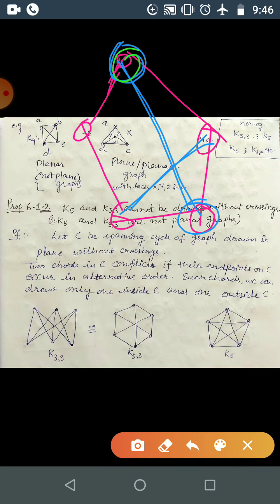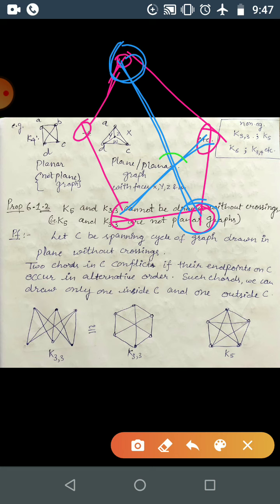First endpoint, second this one, third same as this one, and fourth this one. So here we have alternating endpoints of these chords. Okay, so two chords in this spanning cycle conflict if their endpoints on C occur in alternating order.